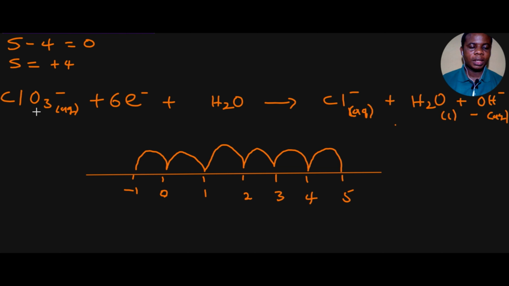Since oxygen is 3 plus 1 here to make it 4, oxygen is 1 plus 1 to make it 2 here. So if I place 2 for oxygen and hydroxide here, I will also place 2 here. If I place 2 here to affect this hydroxide, I will definitely place 2 here to affect this water.